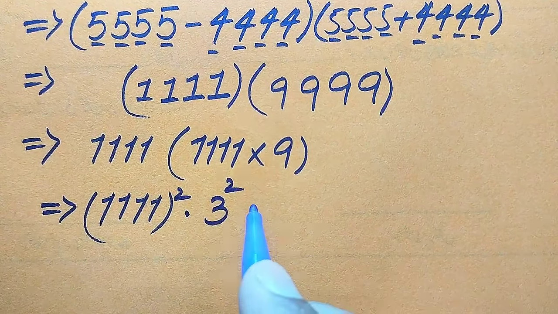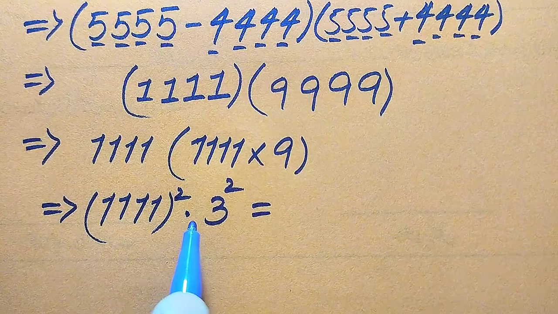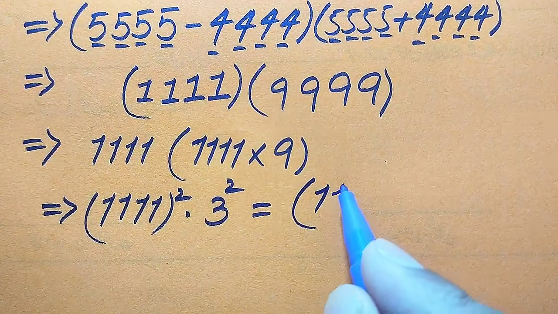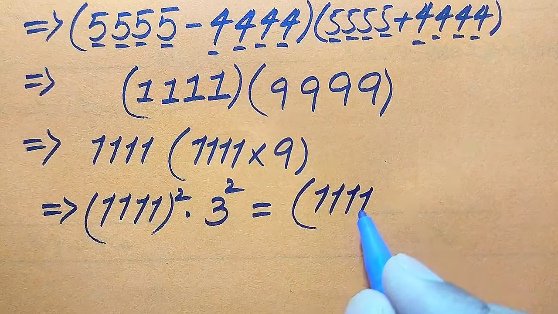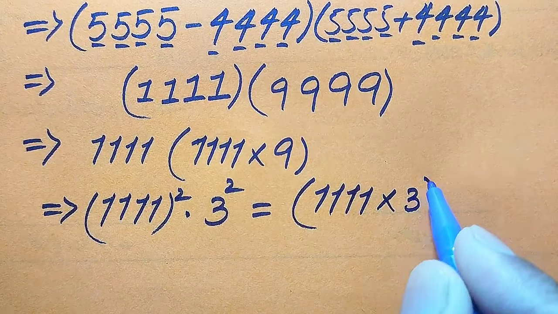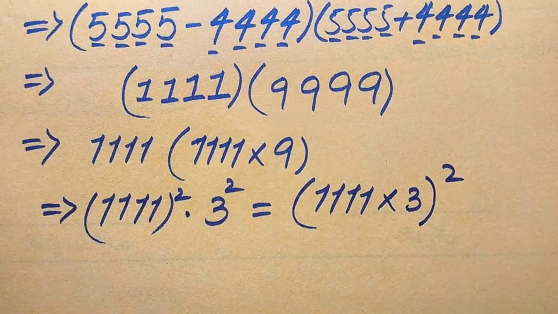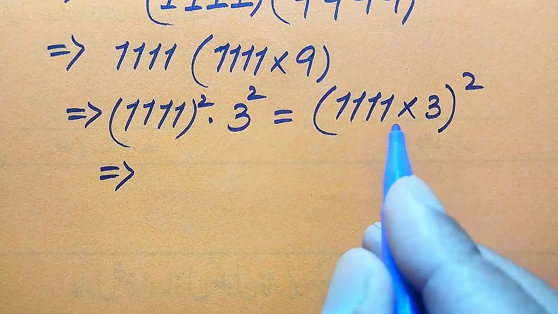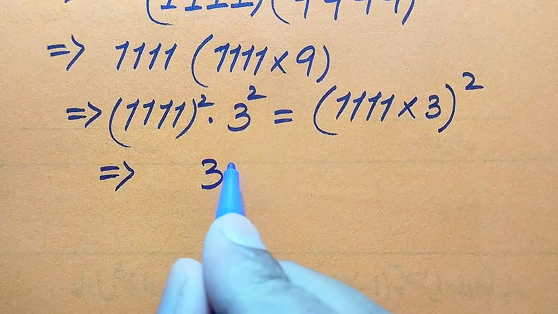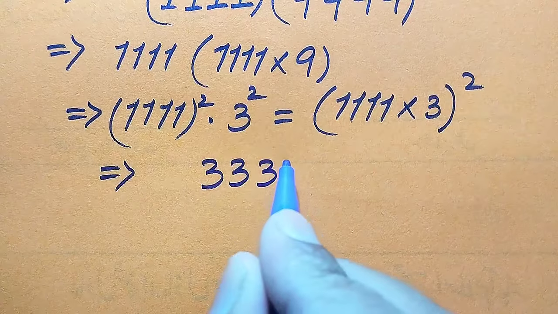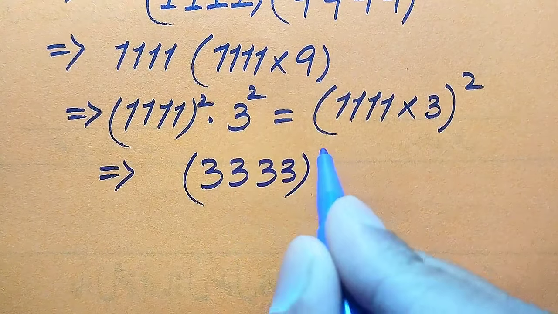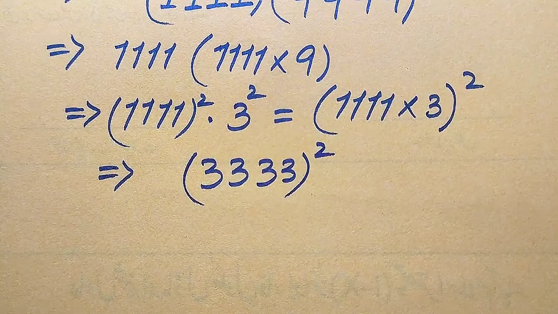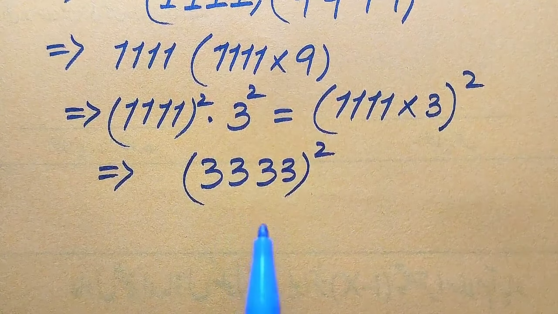Further, the exponent of both of these terms is the same, so we combine them and it becomes 1111 multiplied by 3 and its whole square. In the next step we multiply these two values and it becomes 3333 whole square.